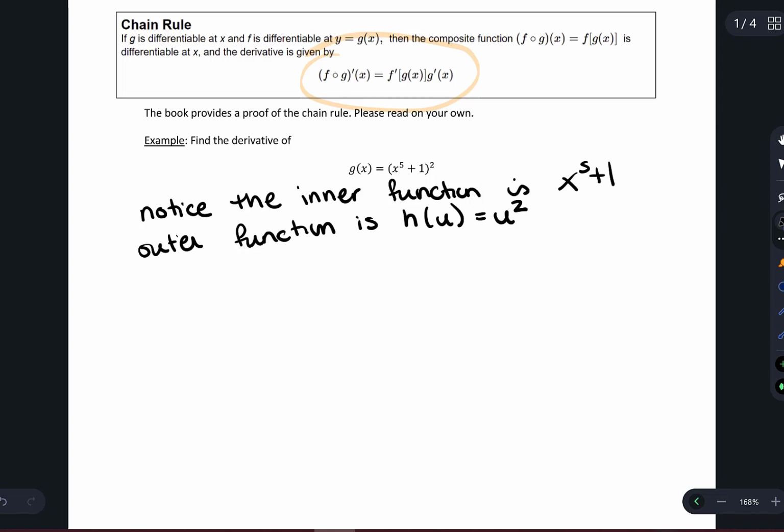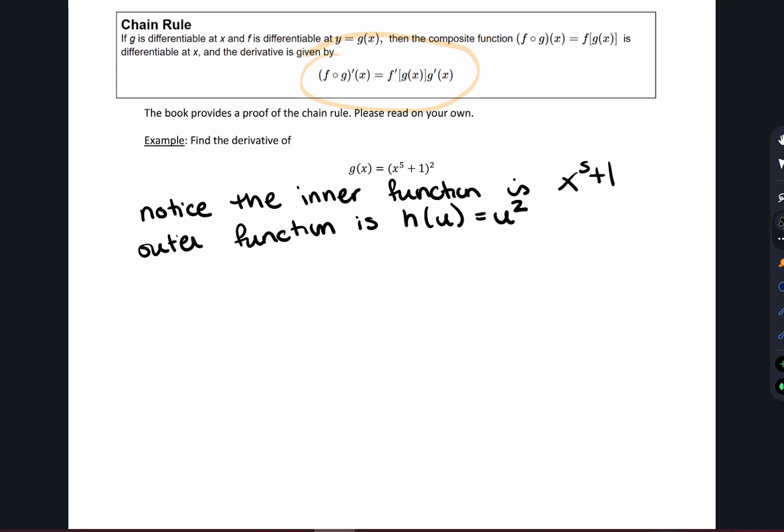The reason I'm using u here is I don't want to use h of x because we've already used an x previously. What the composition is saying is we're taking the function x to the fifth plus 1, and we're applying the function u squared to it. In other words, we're going to square x to the fifth plus 1.